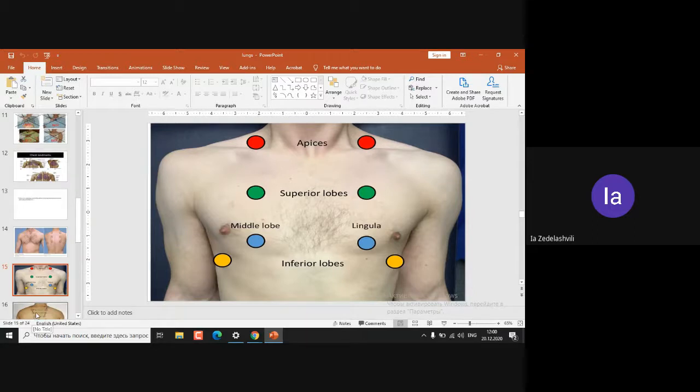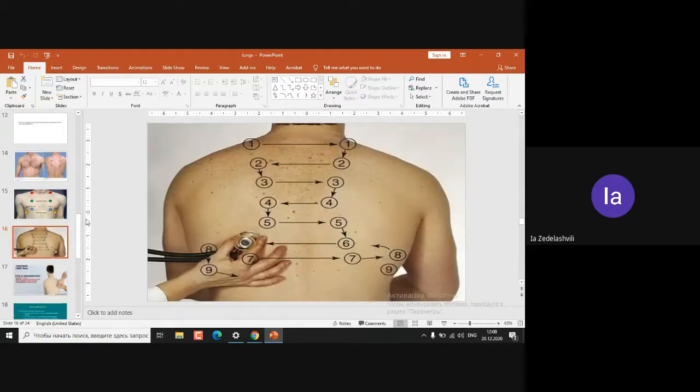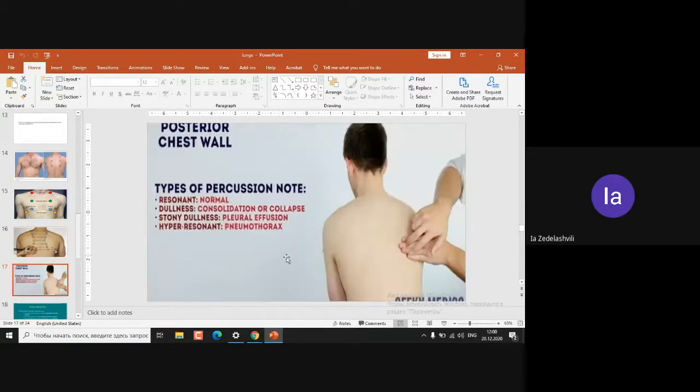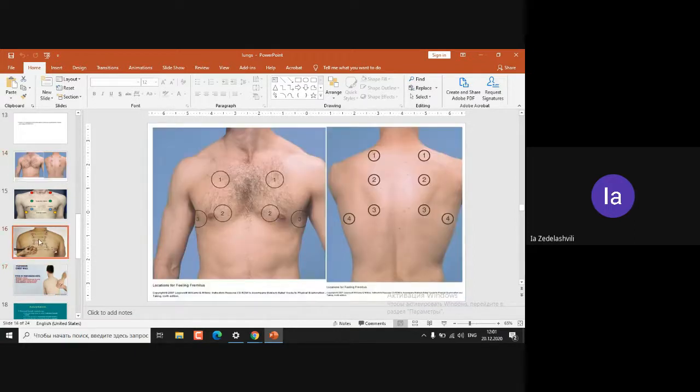So percussion and auscultation must be done, and it does not matter which you begin with and which you continue with. First is percussion or first is auscultation, but done on the specific sites.